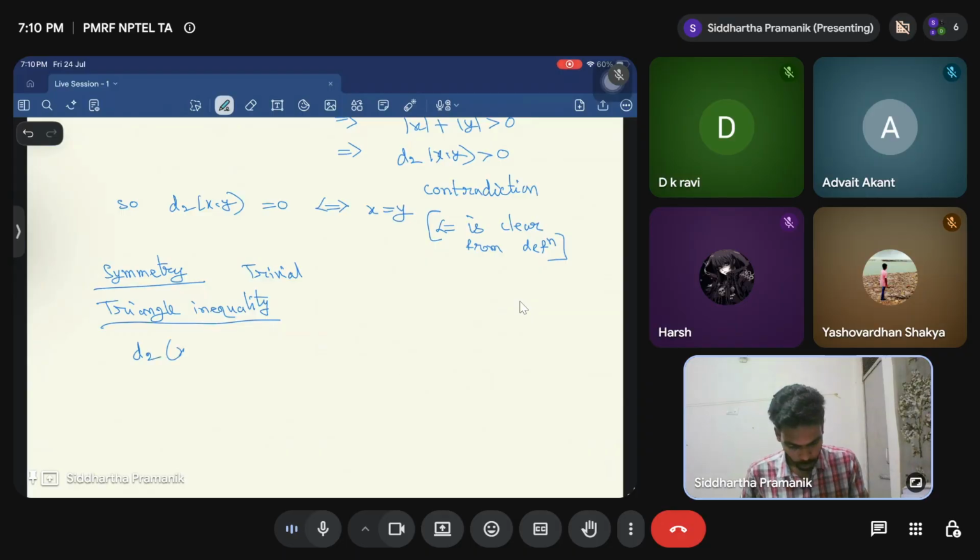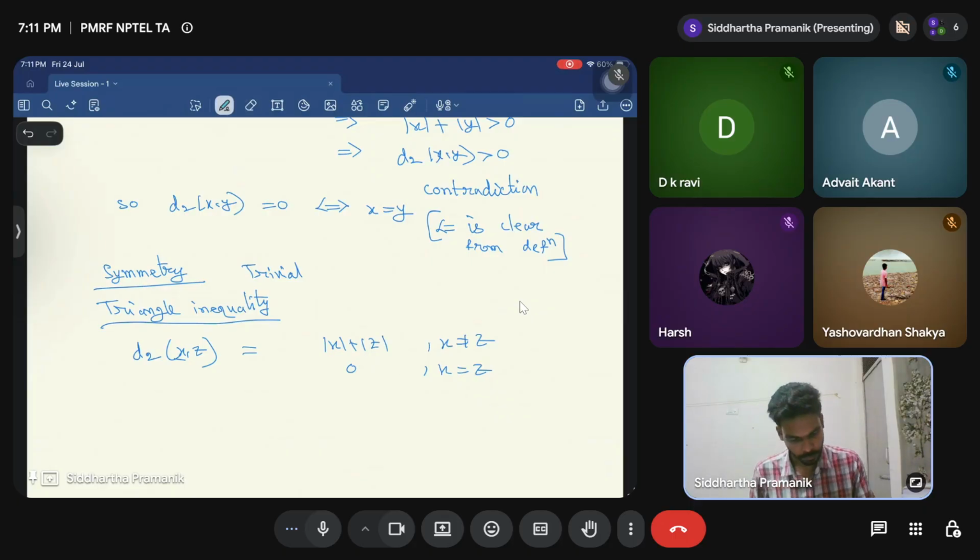So d2 of x z, this definition is mod x plus mod z, and this is 0 if x equals z.